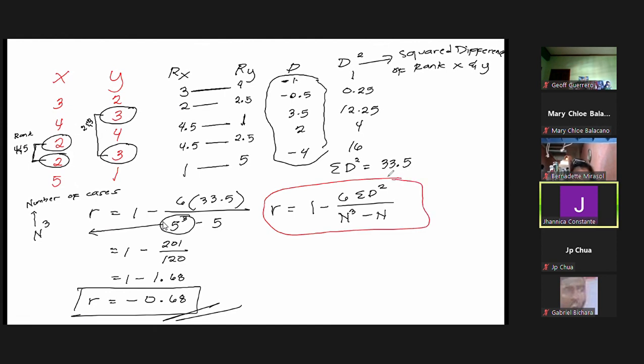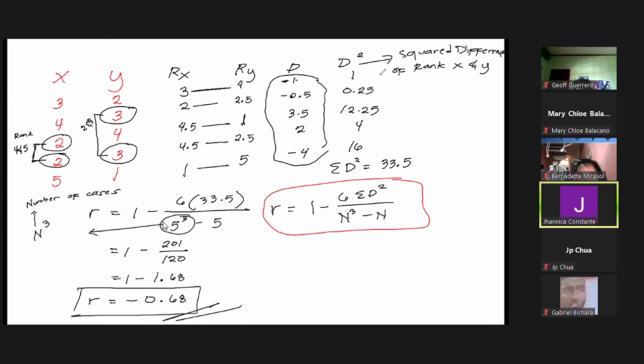Okay, any more question about this formula that we have? Okay. Teacher, in the squared difference, does everything have to be positive there? Yeah. In the d squared, it should be all positive since once you square a negative number, it will become positive, since negative times negative is positive.